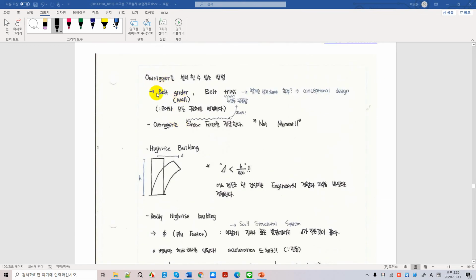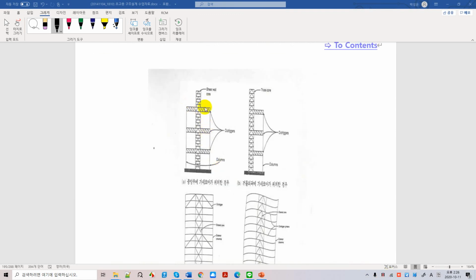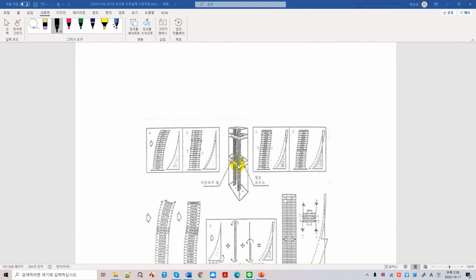So here you put the belt truss. Okay, this is the belt truss. You install a belt structure around where you have an outrigger so that it adds stiffness on the top of your outrigger.